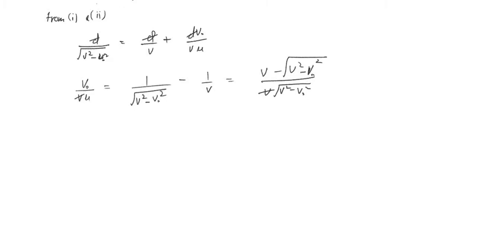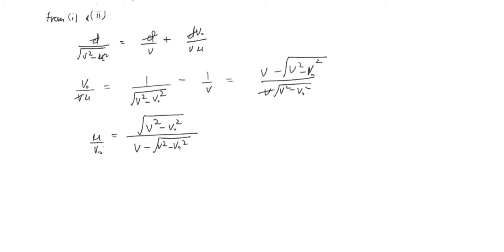So what we will get here is V0 by u, so we can write directly that u will be equal to V0 times under root of V square minus V0 square divided by V minus under root of V square minus V0 square.